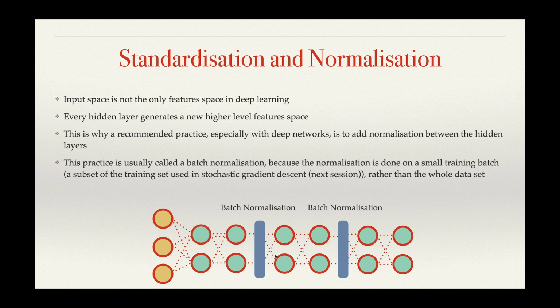What we see usually is that it's not always used after every hidden layer, but sometimes after every second hidden layer. Or, if we talk about an autoencoder, it might be used in the latent space only. Again, these are configurations that you need to test. But in general, it is good practice to use batch normalization within your network, especially if you are using a deep neural network, which means many layers, more than 10 layers.